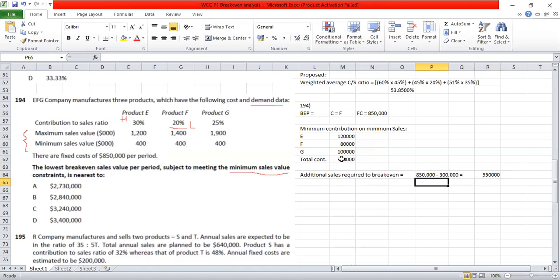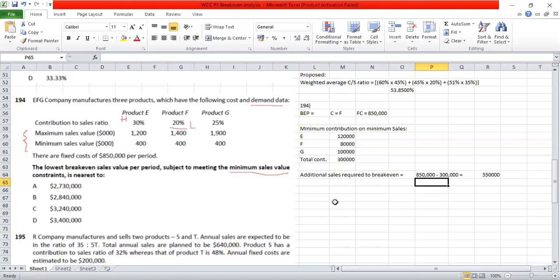Minimum F will be kept at minimum because that is giving the least amount of contribution. Rather, now they should focus on producing the other products in larger quantity so that they can arrive at the break-even point. Now they have to think about increasing their contribution, to the extent of 550.